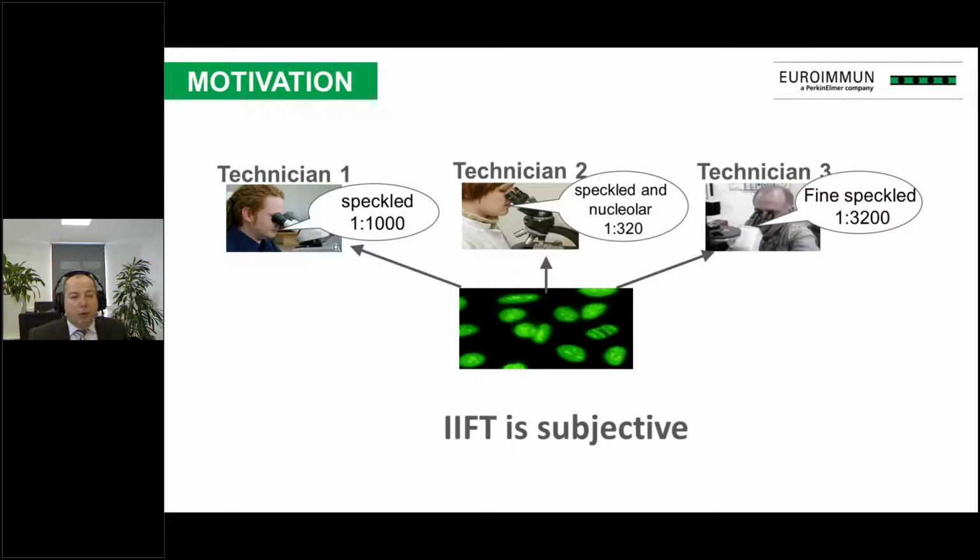Also, the immunofluorescence technique is very subjective. Here in the picture, 3 different technicians look at the same image and have 3 different diagnoses. Speckled, speckled not nucleoli, or maybe fine speckled, titer 1 to 320, or maybe 1 to 3200.